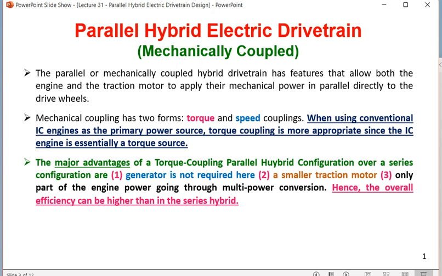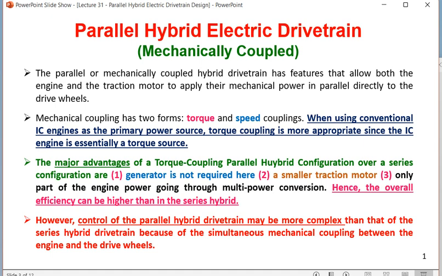Whenever you are appearing for IA3, this question can be asked: why is the overall efficiency of parallel hybrid higher compared to series hybrid? The answers are: in parallel hybrid a generator is not there, a smaller traction motor is used, and only a part of the engine power goes through the multi-power conversion, not the whole power.